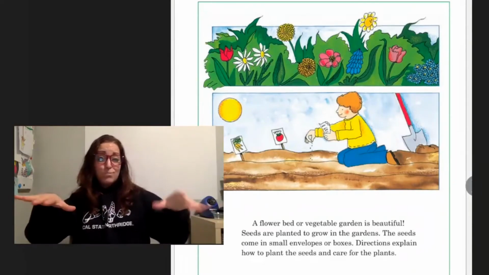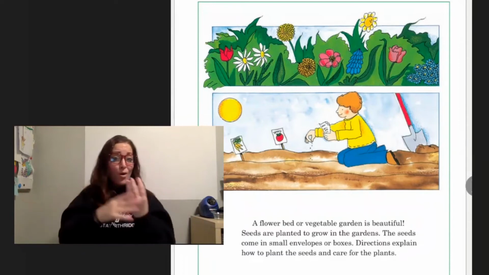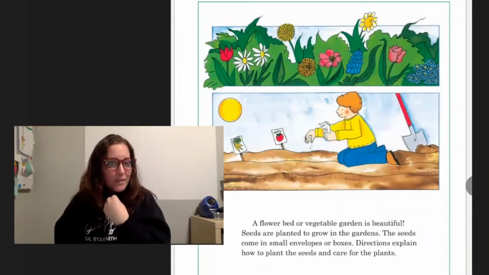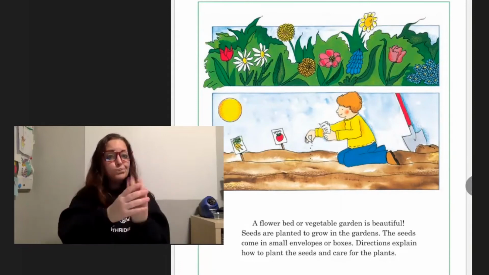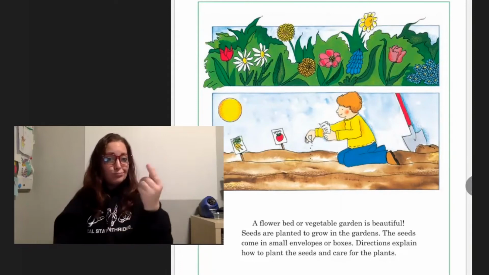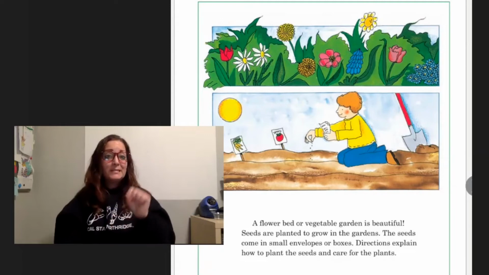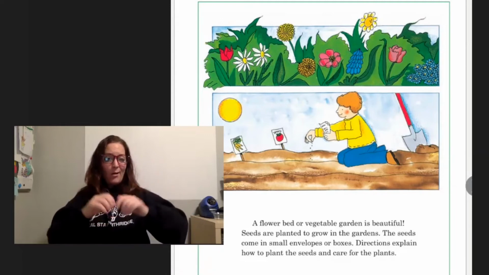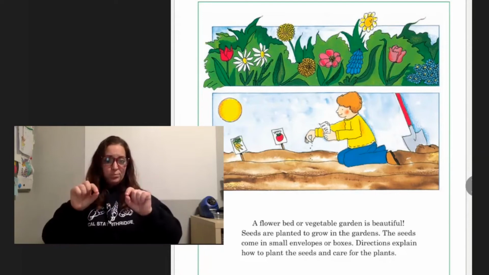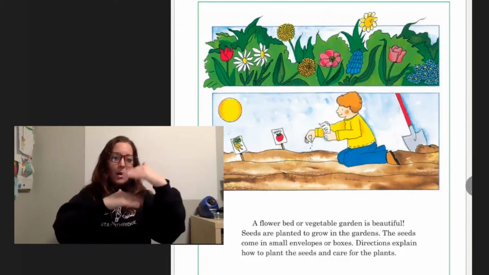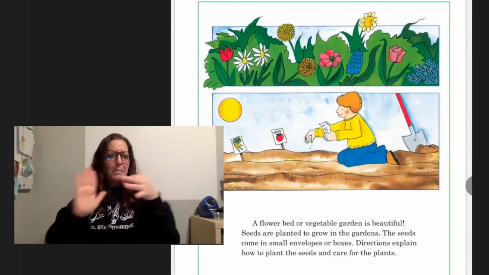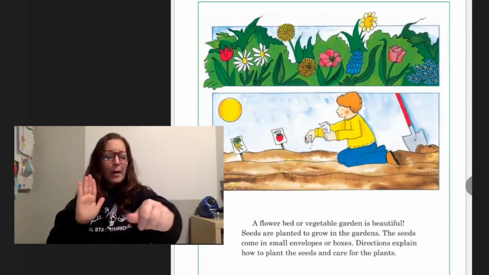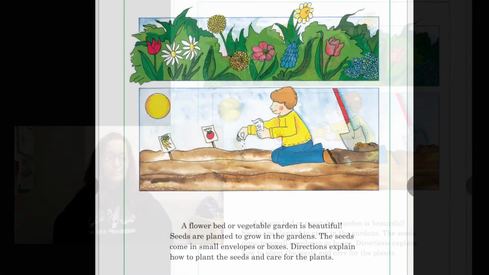A flower bed or vegetable garden is beautiful. Seeds are planted to grow in gardens. The seeds tend to come in small envelopes or boxes. Directions explain how to plant the seeds and care for the plants.